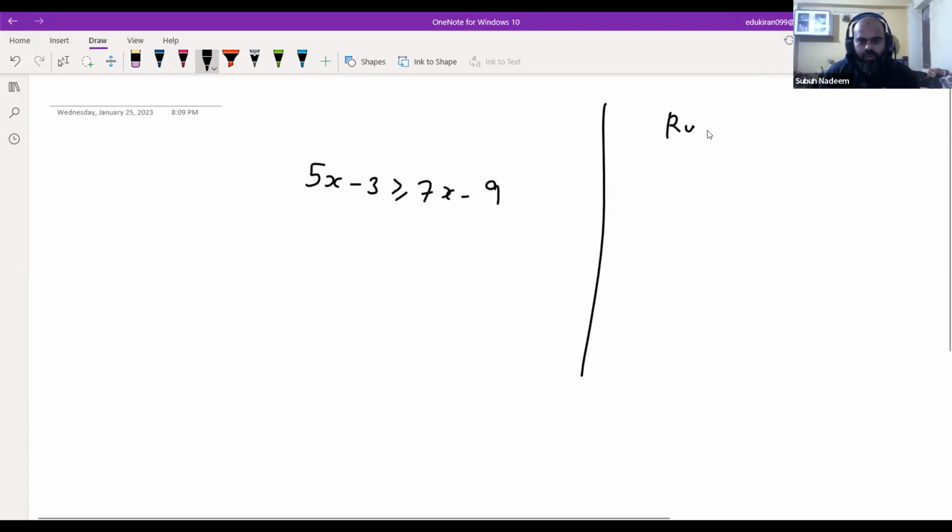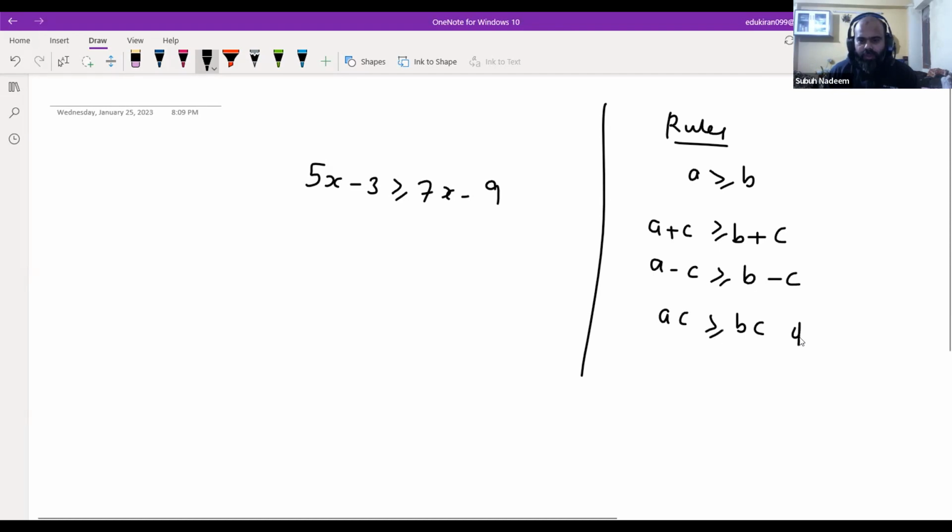What are those rules? If you have an inequality like a greater than equal to b, and if you add some constant to both the sides, the inequality remains the same. If you subtract some constant from both the sides, the inequality remains the same. If you multiply both sides by some constant, the inequality remains the same if the constant is positive.